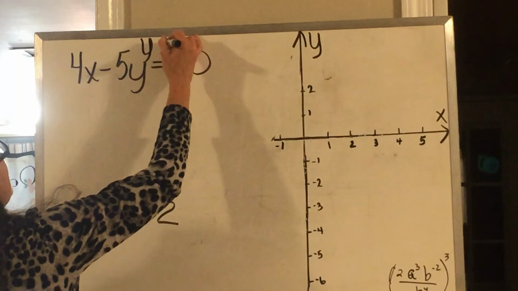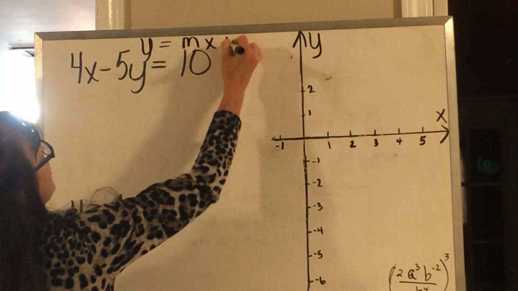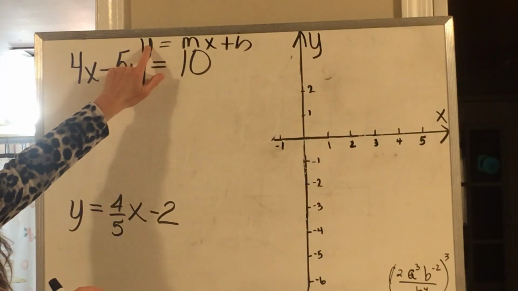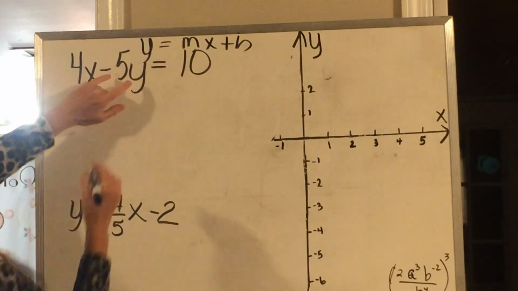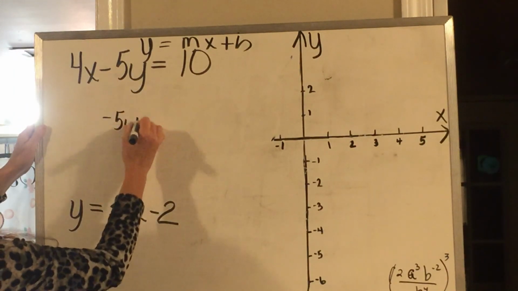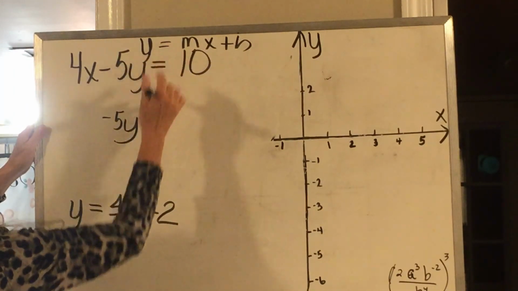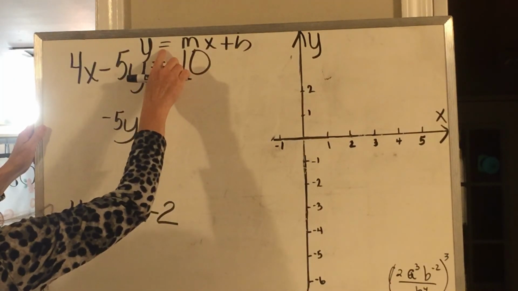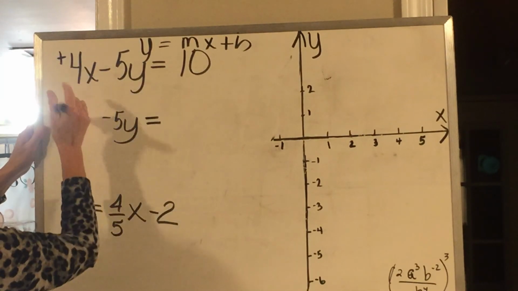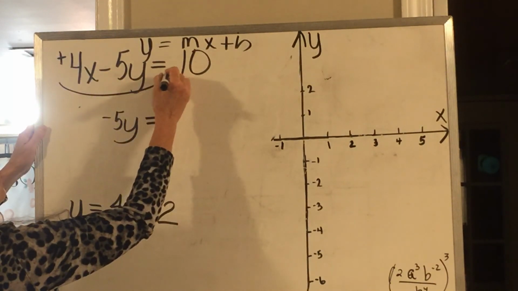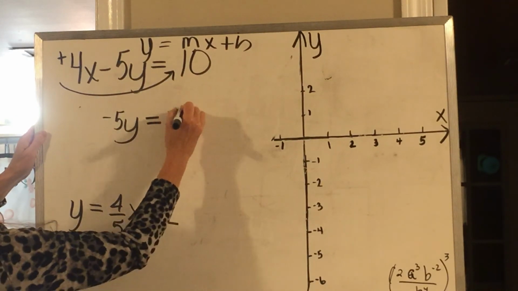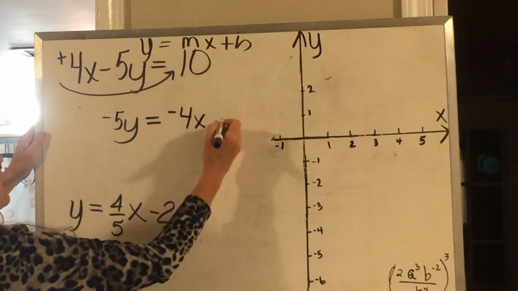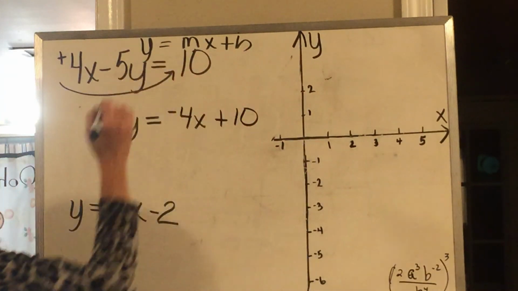So you want to get your problem to look like that. What does that mean? Well, the y needs to come first. So you're going to keep your y, negative 5y. And then the next thing you need is the equal sign. And your x needs to come behind the equal. So you take your positive 4x and move it right there, so it becomes a negative 4x. And the plus b is this number, and that's a positive 10.